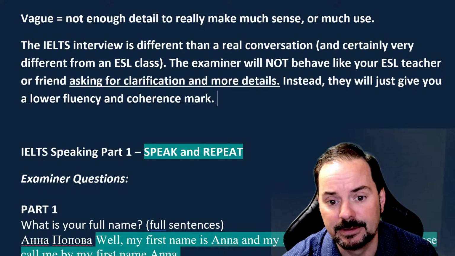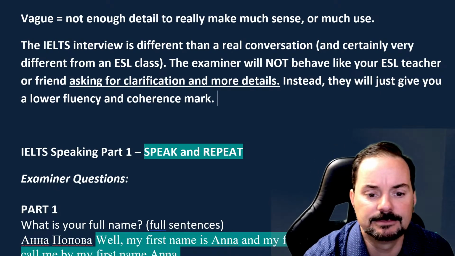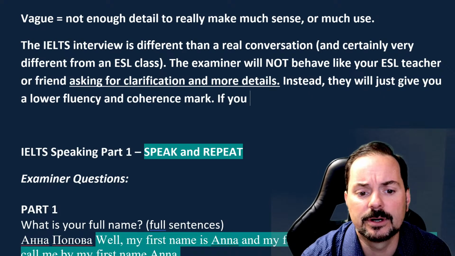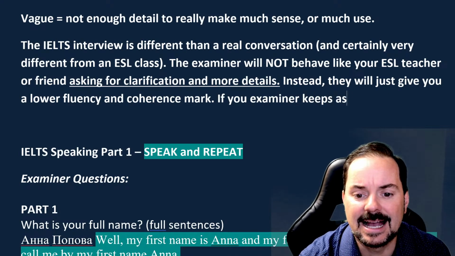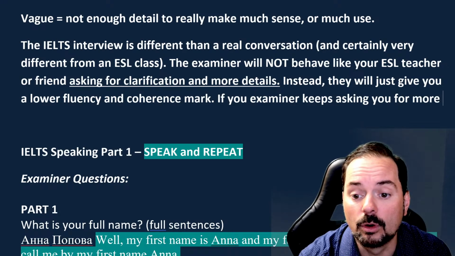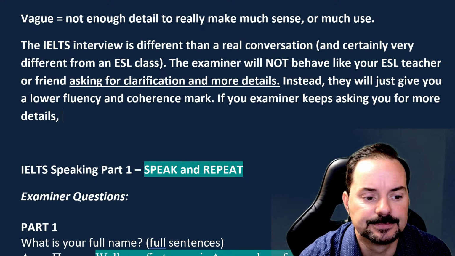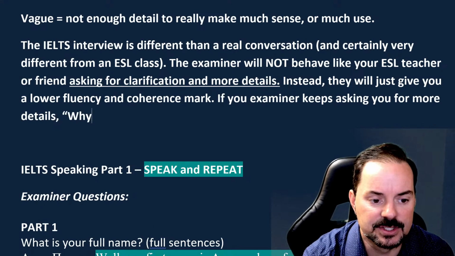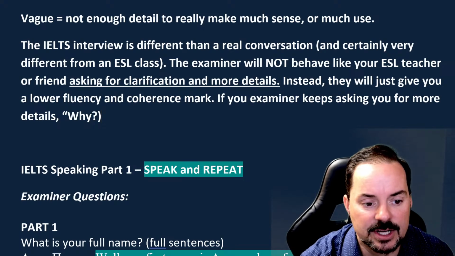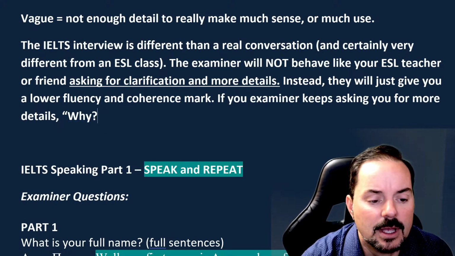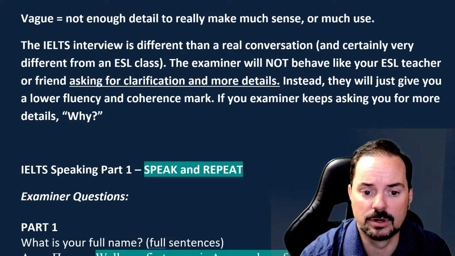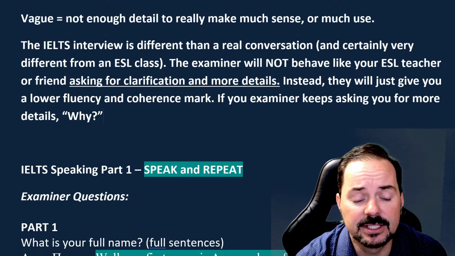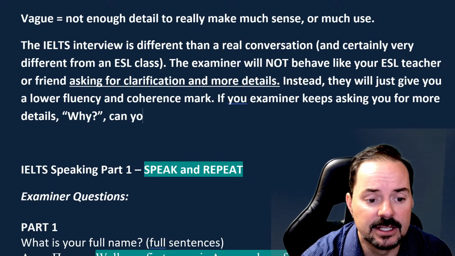So if your examiner keeps asking you for more details, why, right? That's the question they have in brackets on their question sheet, okay? Then again, it's going to lead to lower scores. If the examiner keeps asking you for more details, why? Can you give more details?